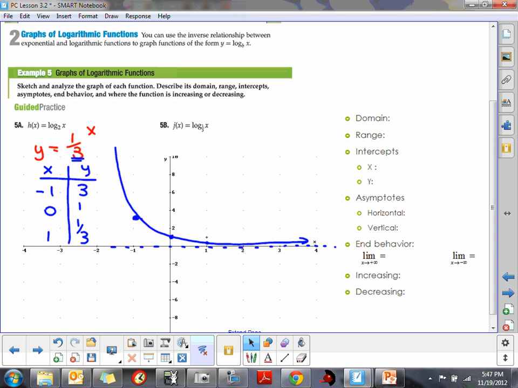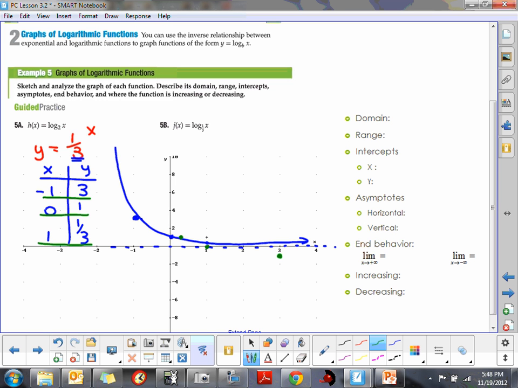So in order to graph the inverse function, we simply turn these ordered pairs around. So instead of -1, 3, we graph 3, -1, which is approximately in here. Instead of graphing the ordered pair 0, 1, I graph 1, 0, which is right here. Instead of graphing the ordered pair 1, 1/3, we go 1/3 and then up 1.